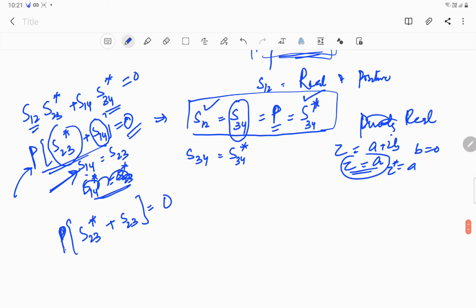But p, as I said, is a real value, cannot be equal to 0. That means s23 conjugate plus s23 is equal to 0.